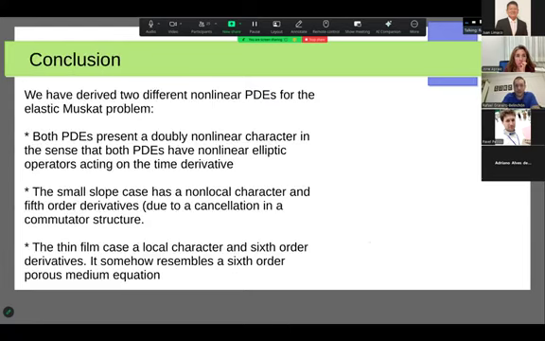And then just very quickly the conclusion. Basically both PDEs present a double nonlinear character, in the sense that both PDEs have a nonlinear elliptic operator acting on the time derivative. This is in contrast with most of the classical PDEs that appear in the literature, that have the time derivative equal to something.